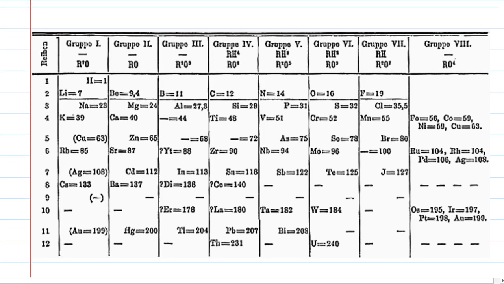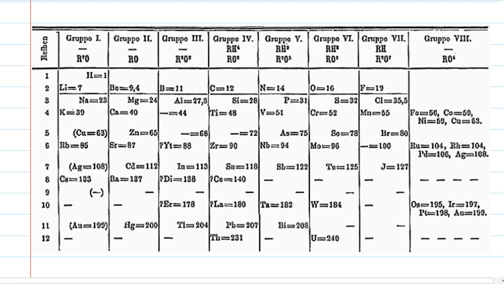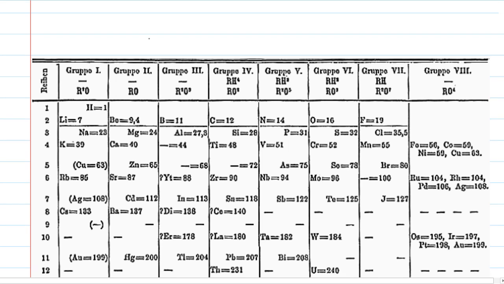This right here is the original periodic table as published by Dmitry Mendeleev back in around 1870. So again, this was a periodic table published by a Russian chemist by the name of Dmitry Mendeleev.